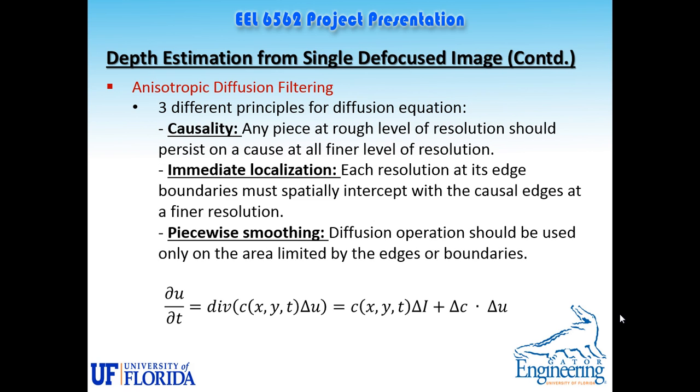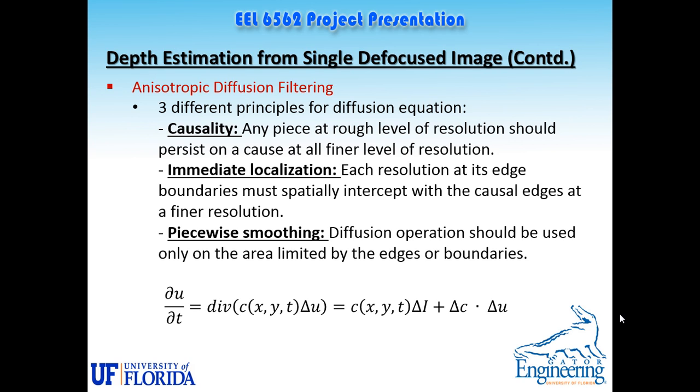So anisotropic filtering has three different principles. First of all, we have causality, which states that any piece at a rough level of resolution should persist at all finer levels of resolution. Then we have the second principle, which is known as immediate localization. Each resolution at its edge boundaries must spatially coincide with the causal edges at a finer resolution.